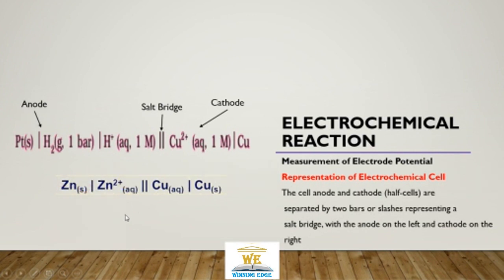It gets oxidized to zinc ion, which goes to aqueous solution, with whatever molarity is maintained written there. Salt bridge. Copper 2 positive ions, aqueous, get reduced to copper solid. So this is a simple representation of the Daniell cell.